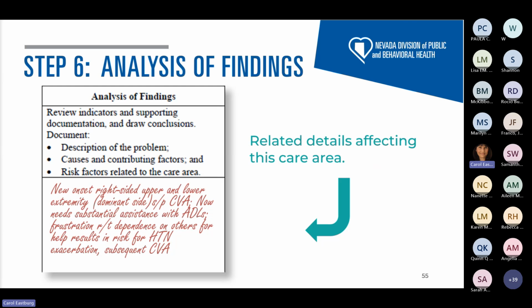As we analyze Mr. R's deficits in the ADL area, we see he becomes frustrated at having to depend on others for assistance with activities in which he has always been independent. So that will require a care plan.